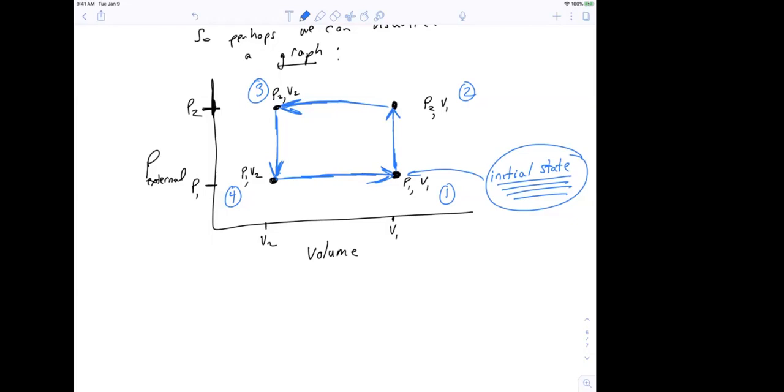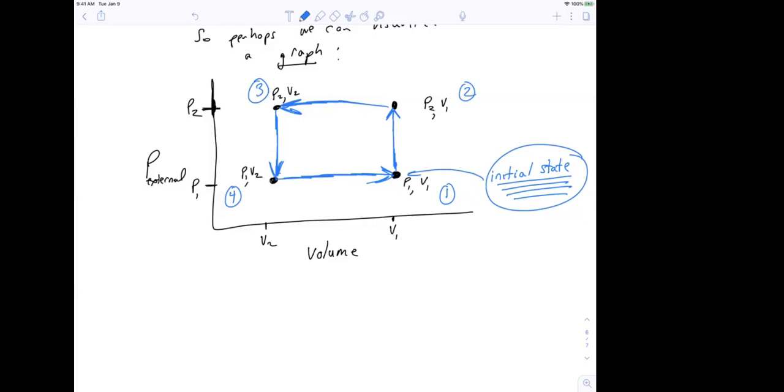I haven't written T1 down, but of course there's a temperature. N is not going to change, so this would be a closed system. Delta N is 0 for the whole change here. And that system is going to go from this combination of pressure and volume to this combination, and then this combination, and this combination, and then back.